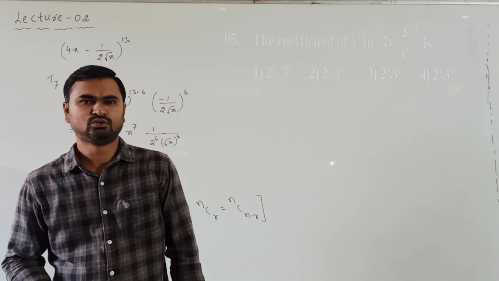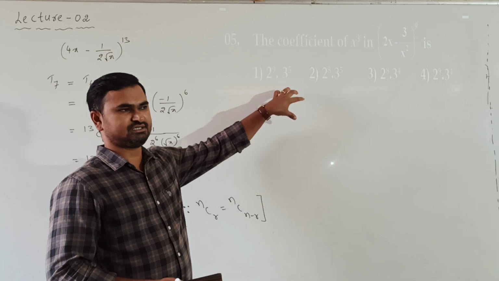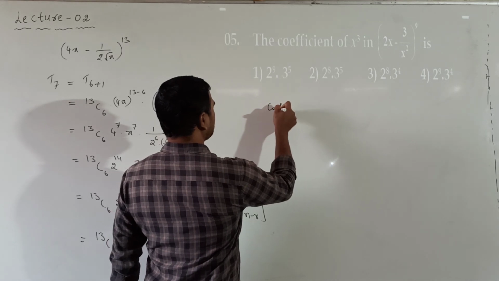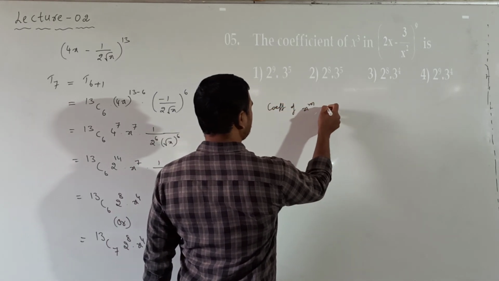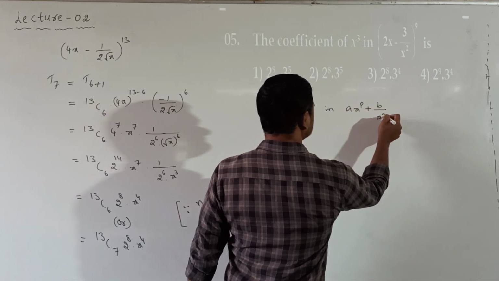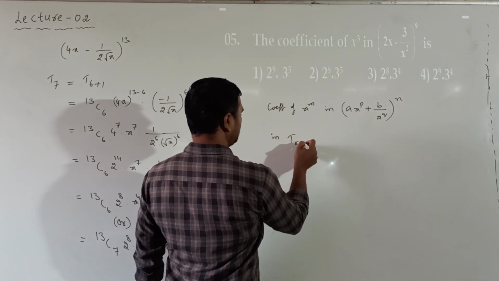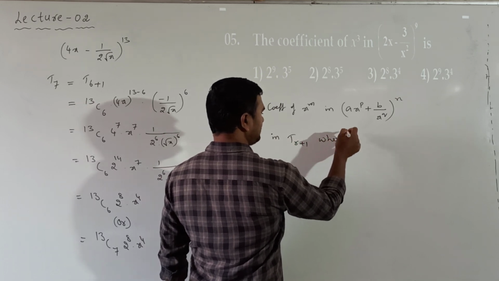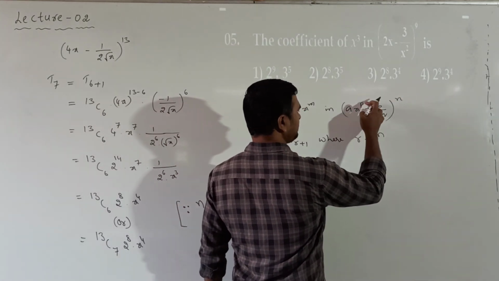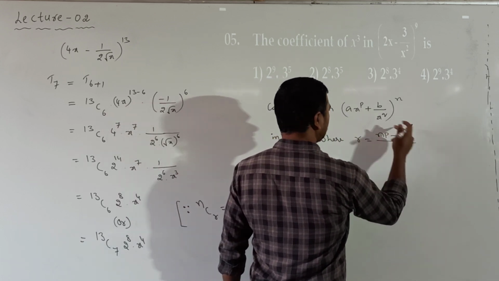But out of those 10 terms, in which term do we get x power 3? Do we know directly? No. So in such a case, we will use the formula we discussed. The coefficient of x power m in the expansion of (a x power p plus b by x power q) whole to the power of n is obtained in the (r plus 1)th term, where r is n into p minus m, whatever the power required, divided by p plus q.